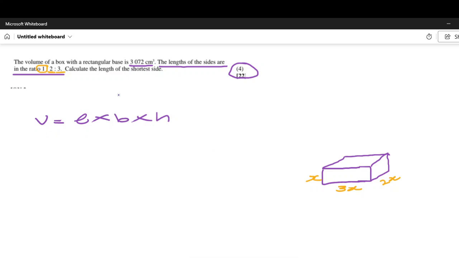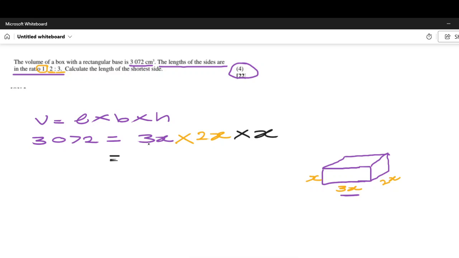Now what I gotta do is equate the volume they've given me: 3072 equals my length, which is 3x, multiplied by my breadth, which is 2x, and also multiplied by my height, which is the shorter side in this case, x. Sorry for using this confusing way of putting the times.